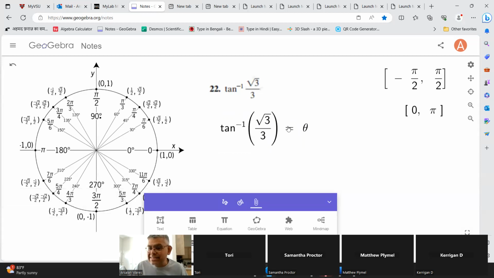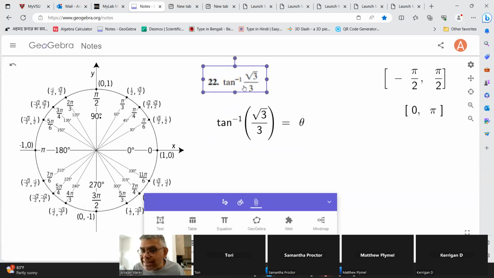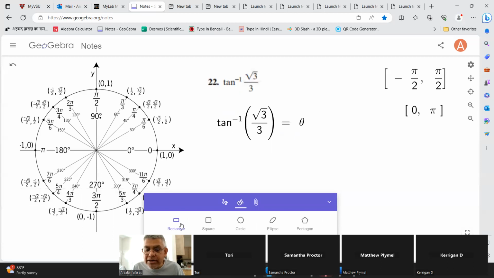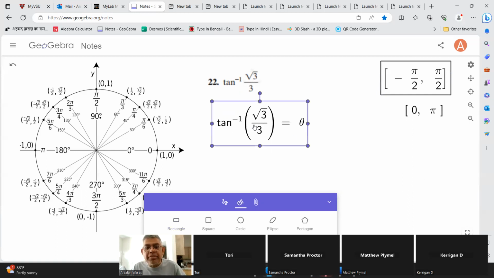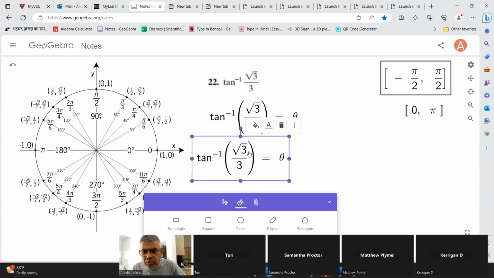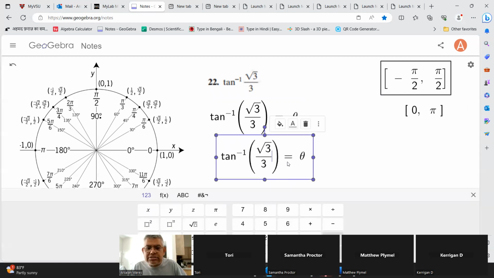All I did was call this guy theta. You can call it y. Okay, no problem. I know from what we have studied, or mathematicians have established, that they want the theta for tan and sine in this range, which means the first and the fourth quadrant.